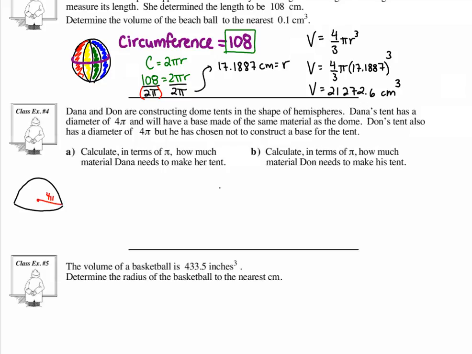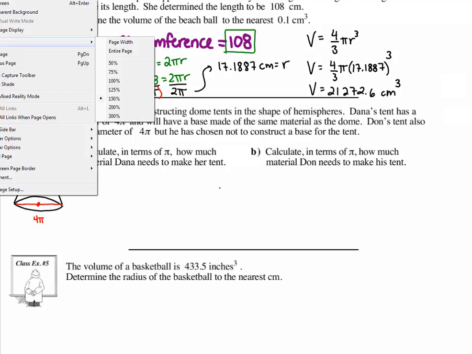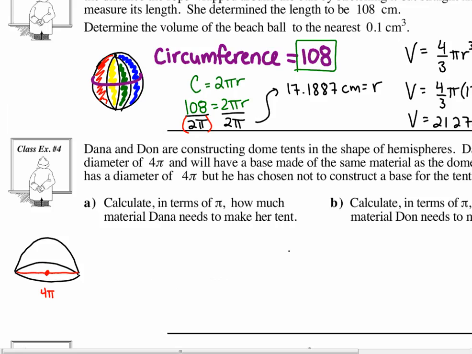Let's draw this again. Almost put radius. Diameter. So this length across is 4 pi. Should I make it larger? Here. There we go. That's better.